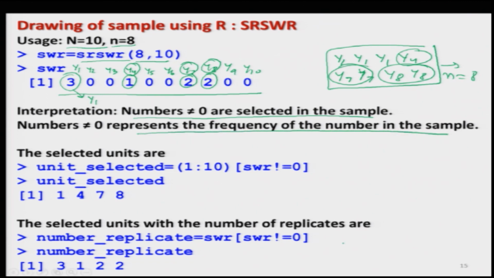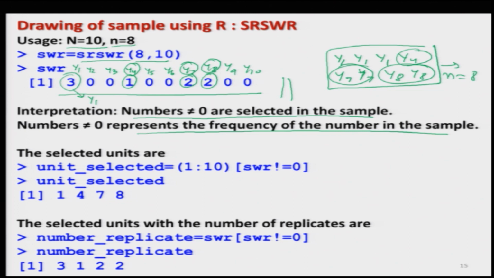Here you can see that this is different than the case of SRSWOR, because in the case of SRSWOR these values can only be either 0 or 1, because either the value is selected or not selected. A value cannot be selected more than once. So, in this case, suppose I have got this sample. Now, my next objective is this: I want to know what are the units which are selected.